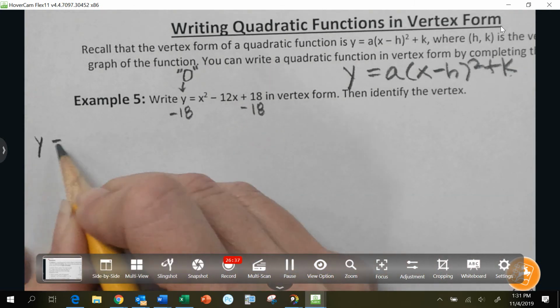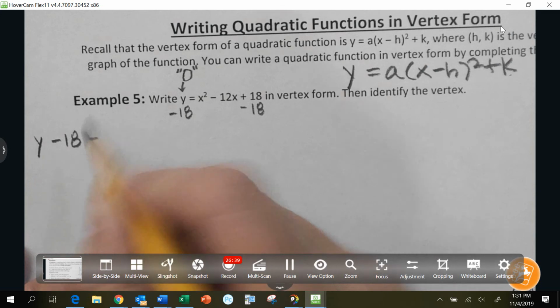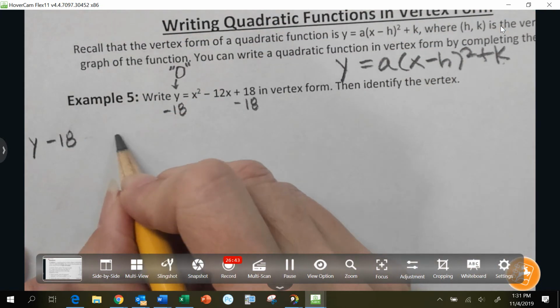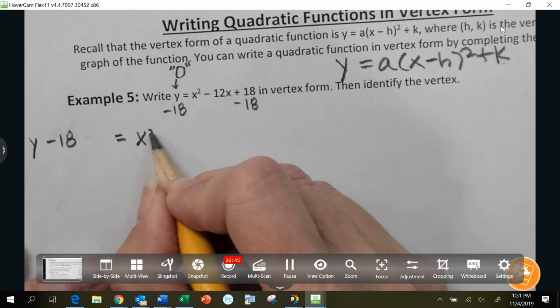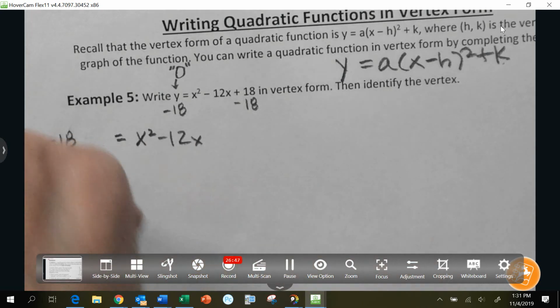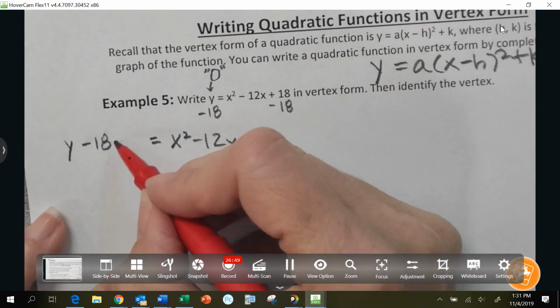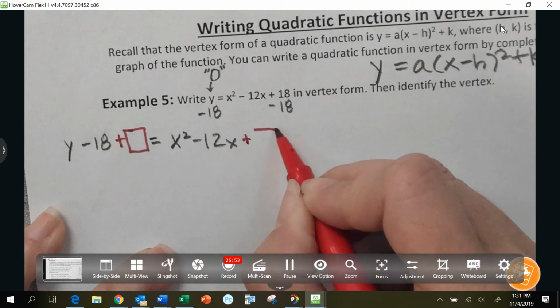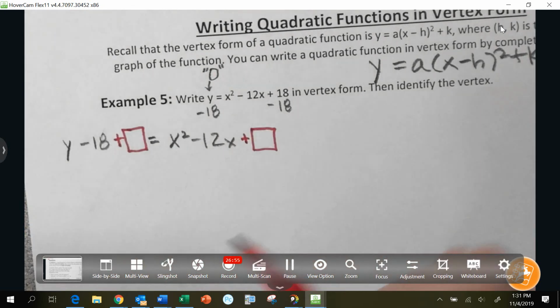So I'll have y minus 18, and I'll have x squared minus 12x, and to both sides I'm going to add that square. It doesn't matter if you add the square in front or at the end, you're just adding a square to both sides.